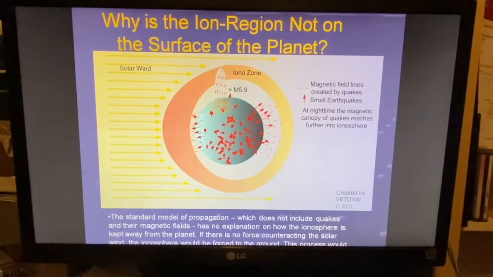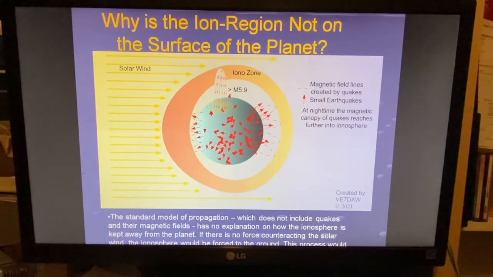Why is the ionosphere not on the surface of the planet? This brings up a very interesting concept: if you have constant earthquakes happening on the planet, there is a distinct possibility that they have something to do with how far the ionosphere is away from the planet.